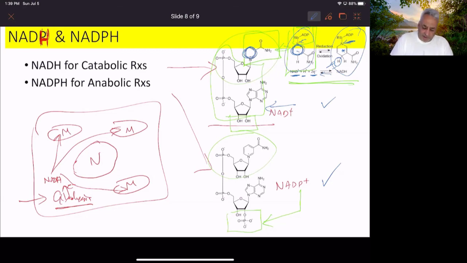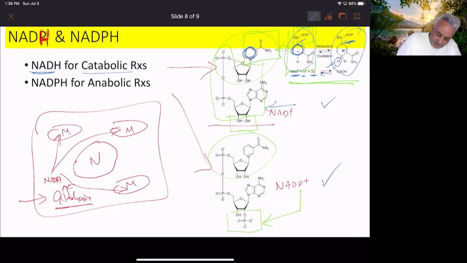Before we leave this slide, let's look at these 2 statements. It says that NAD plus is normally used within the cell for catabolic reactions. Catabolic reactions are those reactions that break down, for instance, food molecules into carbon dioxide and water, and is preferred in those circumstances.